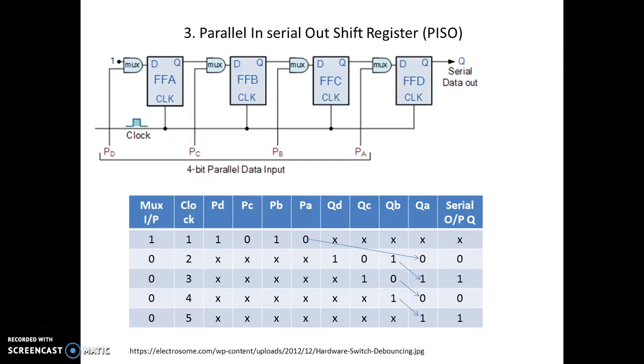Here also the speeds of input and output are mismatched. First data is inserted and then 4 clock pulses are required to get the serial data out. So here the data inserted was 0 1 0 1, and here you get the output as 0 1 0 1.